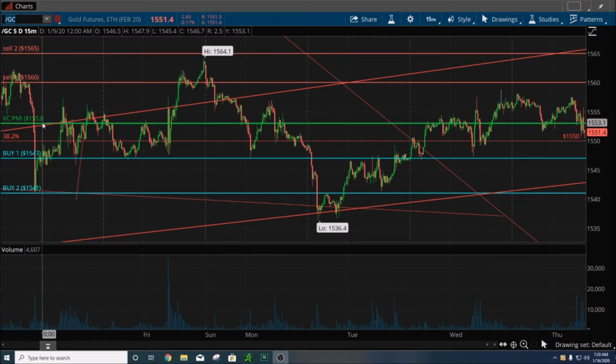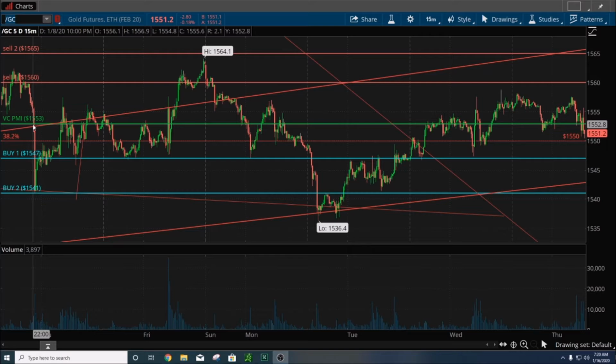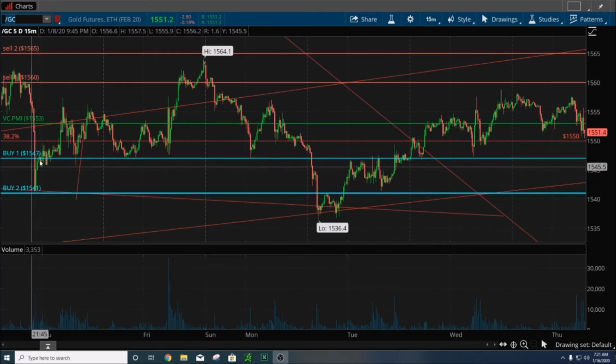And that is essentially when the price either reaches the extreme level above the mean of 1560, which has a 90% probability, or it comes down to trade below the mean into the buy one, buy two level, which is identified in blue as the area where you potentially are going to find buyers, and that's what the algorithm tells you.